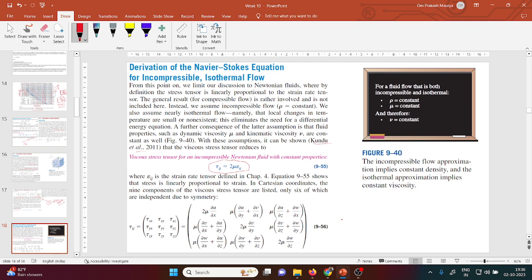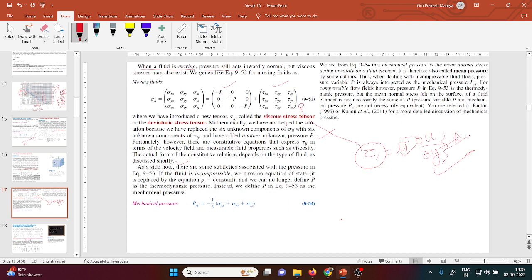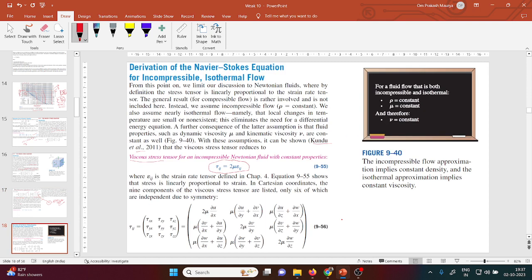This is talking about the viscous stress. When you write it in terms of the previous matrix, it will become like that.